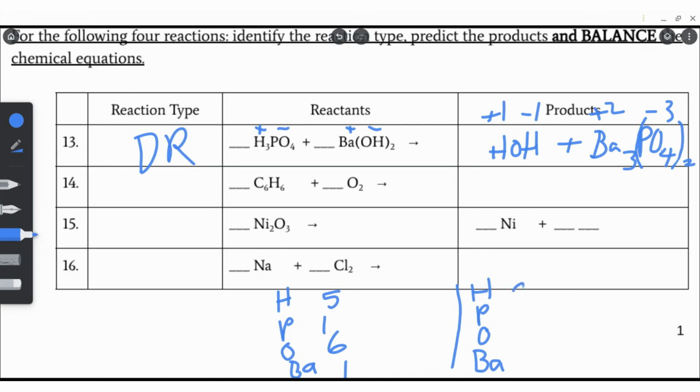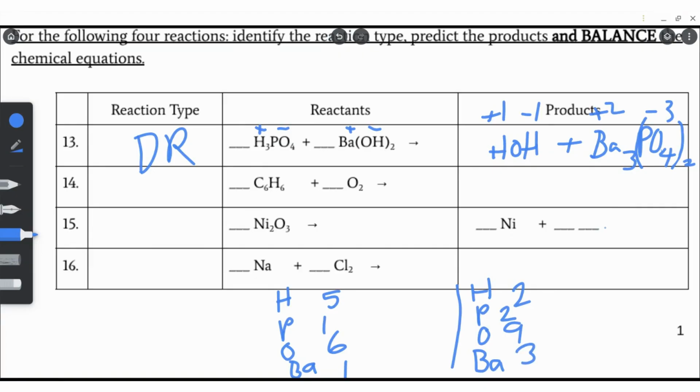Phosphorus, we have 2 phosphates right here, so that is going to be a 2. Oxygen, we have 4 in 1 phosphate, but we have 2 of them, so that's 8 plus 1 more, that's going to be 9. And then we have 3 barium.